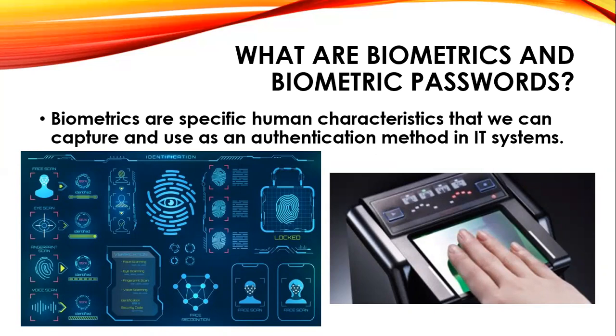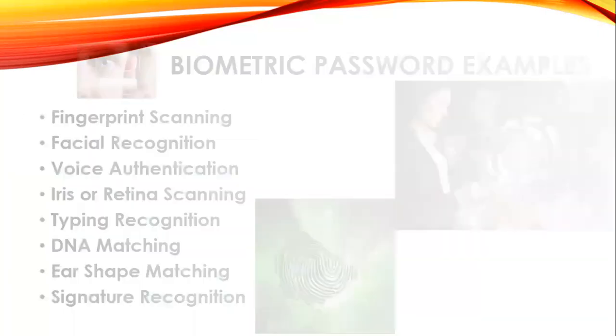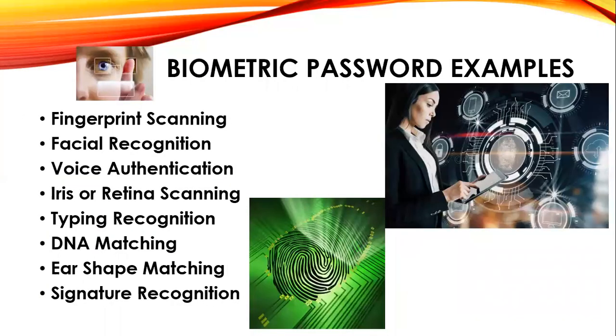Likewise, there are a lot of security things in the world. You can search and find what biometric systems we are using in the world. There are a lot now. For the biometric password, you can see fingerprint scanning, and voice authentication as the password.